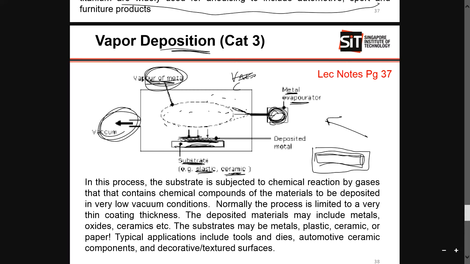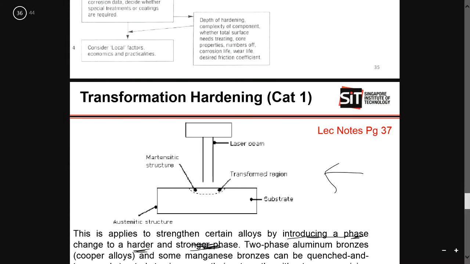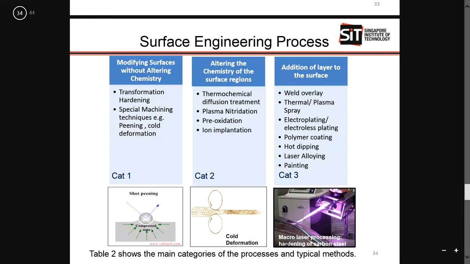Alright, and you may want to take note of these things. I'll explain much more detail in other videos already, so I don't think I need to discuss further, and I just want to highlight these things. So besides the transformation, hardening, and all these things that we have just said, take note of the other techniques that I've also mentioned in other videos, in case they ask you to give 3 examples of Cat 1 or give 3 examples of Cat 2.